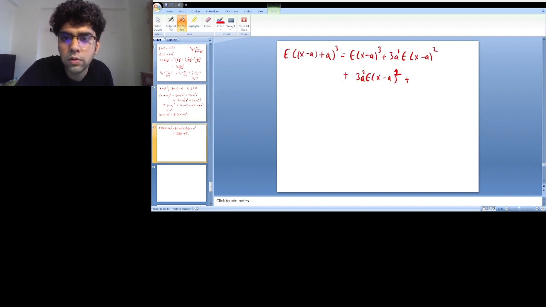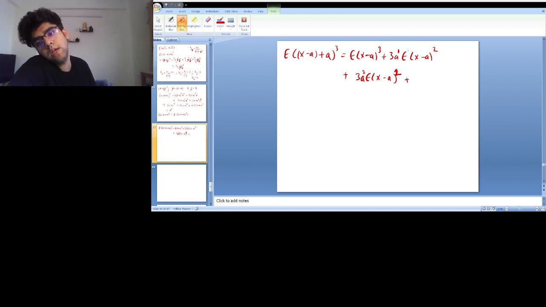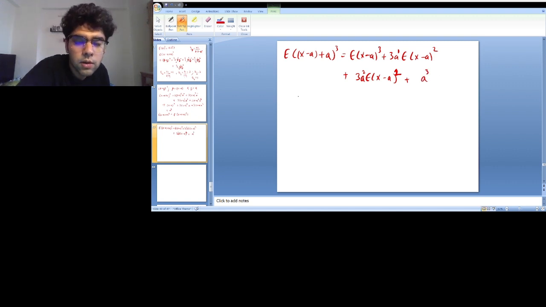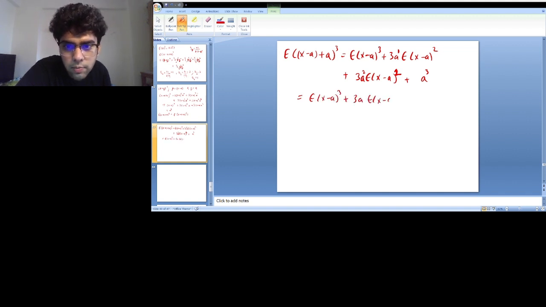So this is equal to 3a E of (x minus a) square, and a cube comes outside, so this gives me E of (x minus a) cube plus 3a E of (x minus a) square plus 3a square E of (x minus a) plus a cube.